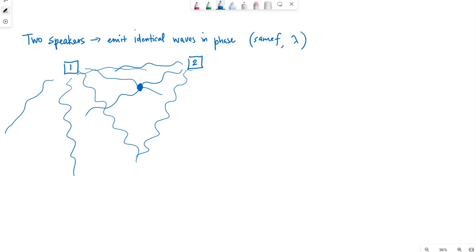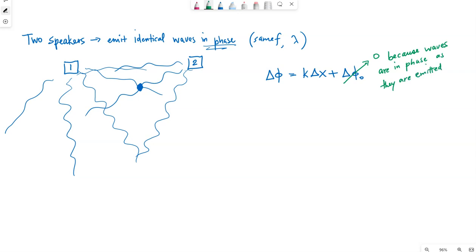So when we're talking about delta phi is k delta x plus delta phi naught, since we're going to right now assume the waves are in phase as they are emitted, this is going to be 0 because the waves are in phase as they are emitted.